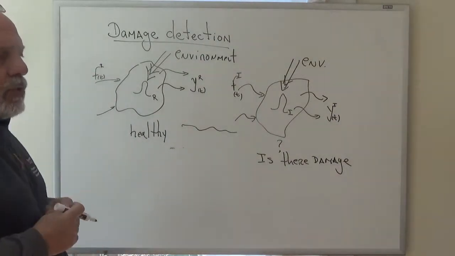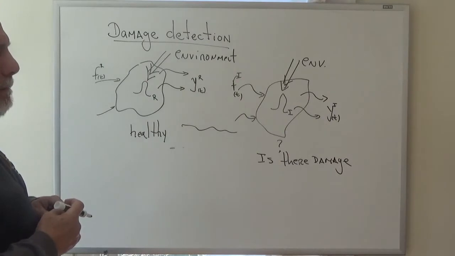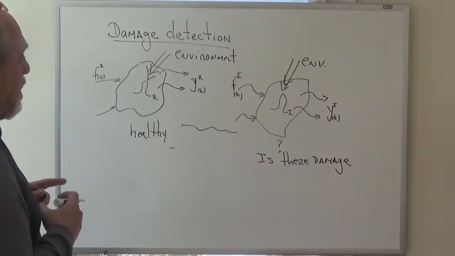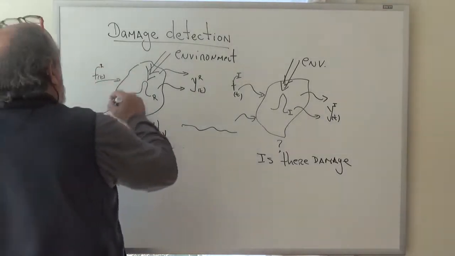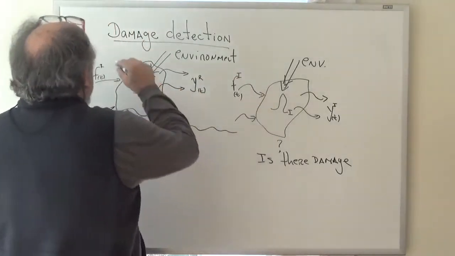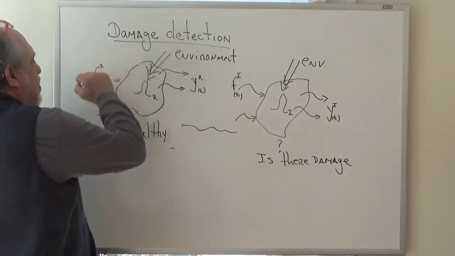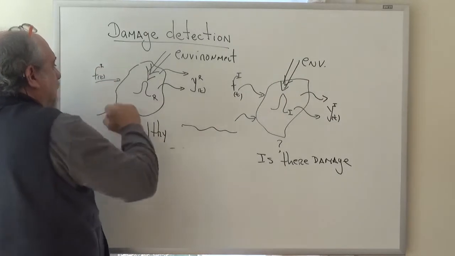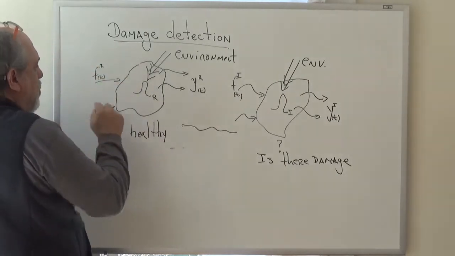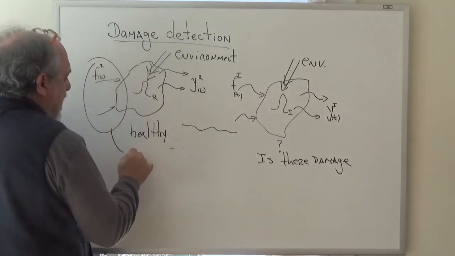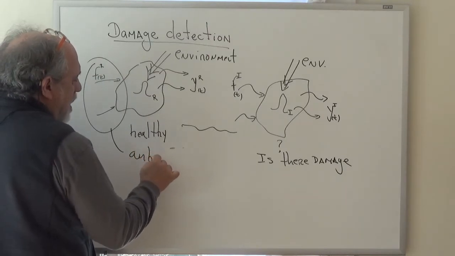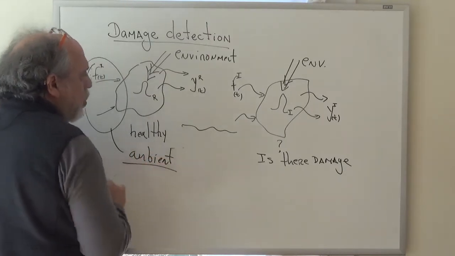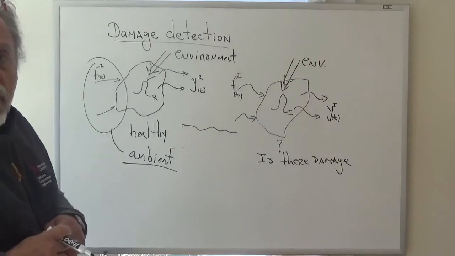There's another issue. Many times we cannot know the load. That is, these loads are from ambient sources, wind, traffic, etc. So if the loads are from ambient sources, we can do a stochastic identification, right?